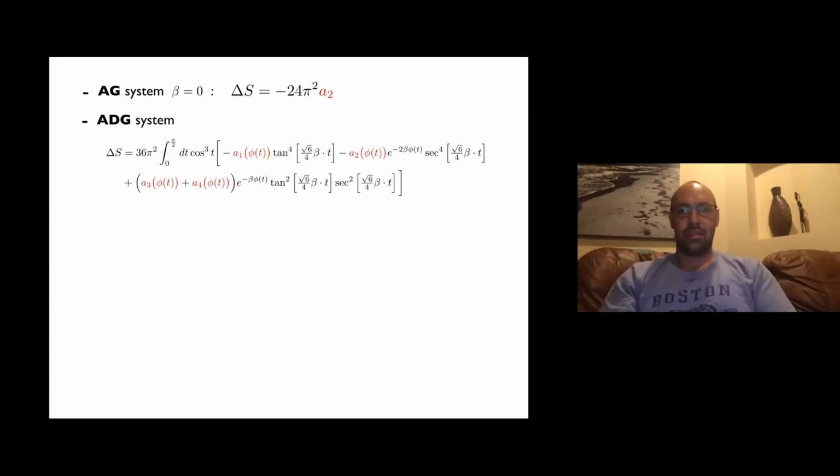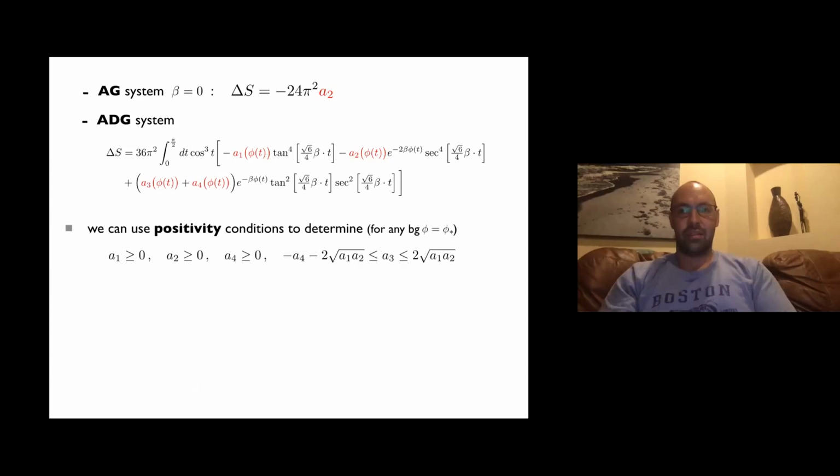Let me say that positivity, this is important, positivity conditions determine the following behavior for the coefficients of our higher order derivative terms. And specifically, you can immediately see that since A2 is positive, then in the axion gravity system, the delta S is negative. So this automatically means that positivity implies the weak gravity conjecture in this case.